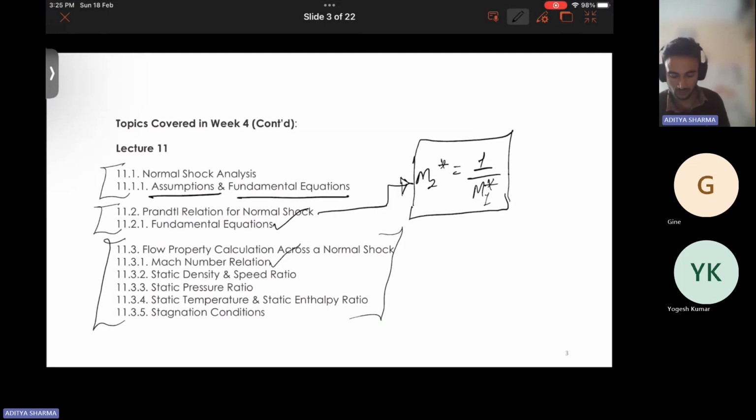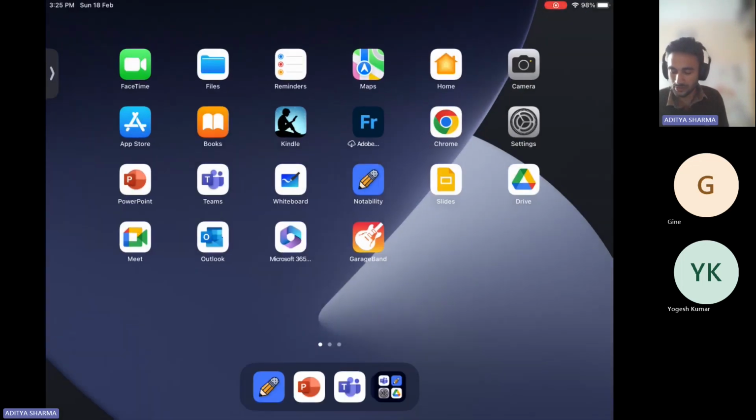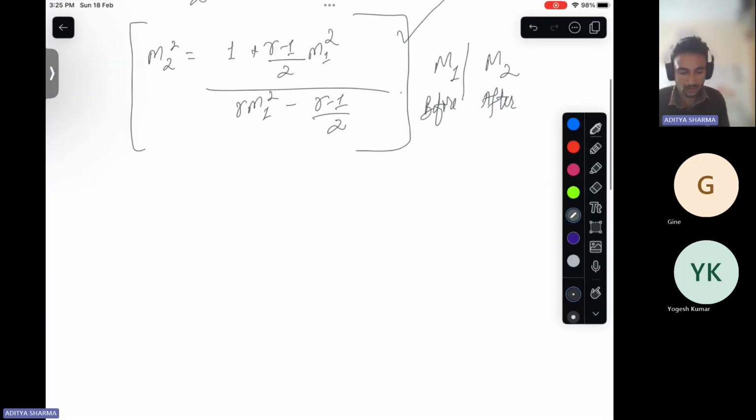Then there is the static density and speed ratio. Similarly, this density and speed ratio is rho 2 by rho 1 equals u1 by u2.